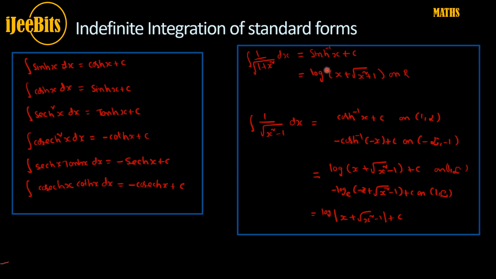You can also rewrite it as log of x plus root over x² plus 1. Similarly, 1 by root over x² minus 1 dx is nothing but cosh inverse x. You can also rewrite it in the log function, log of x plus root over x² minus 1 plus c. These are also very important, and we have to remember them.